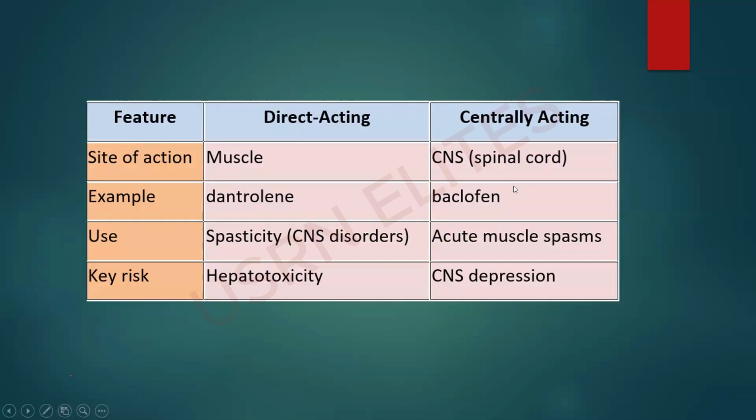Baclofen affects the CNS to do that, and dantrolene affects the muscles directly. With use in spasticity, muscle spasm, the key risk factor is hepatotoxicity, and for this one, CNS depression.